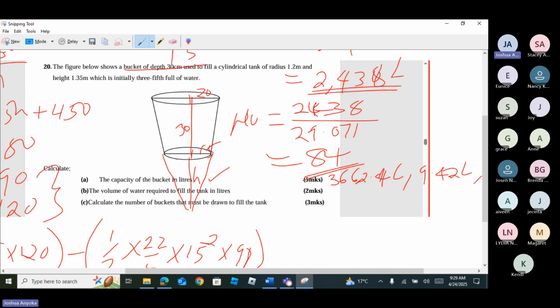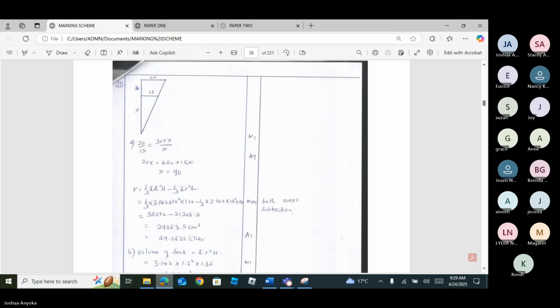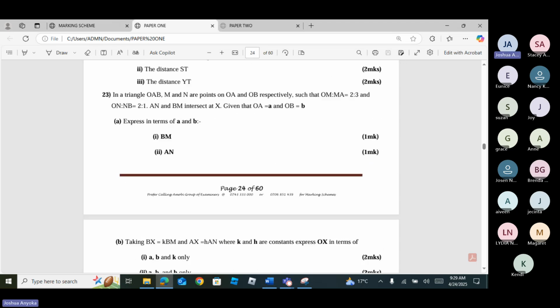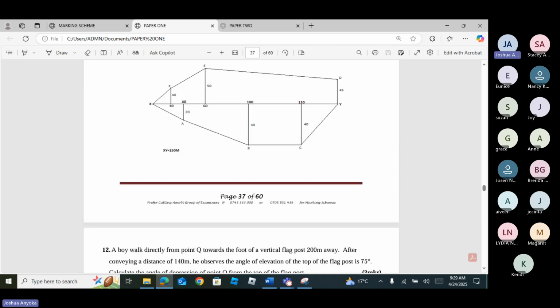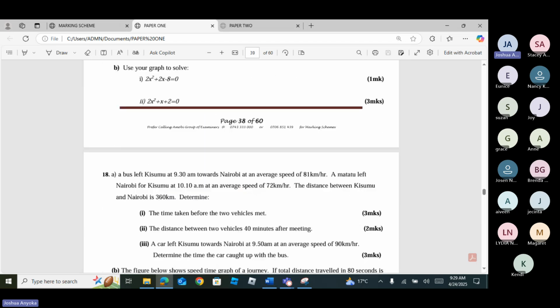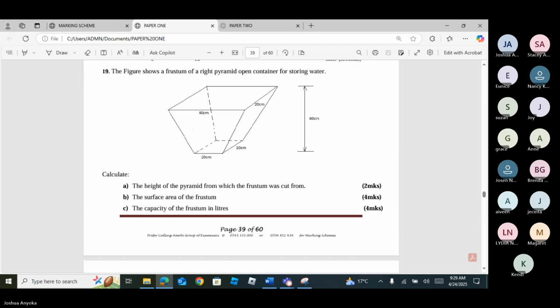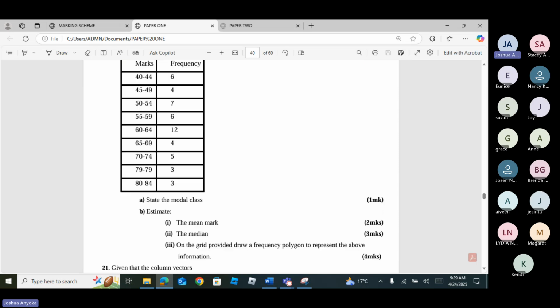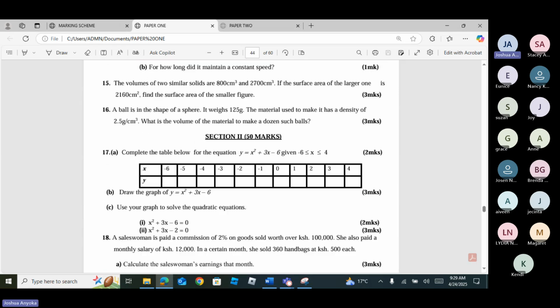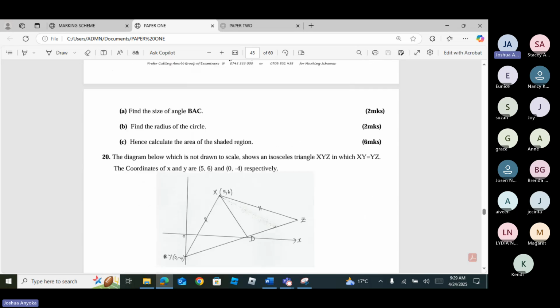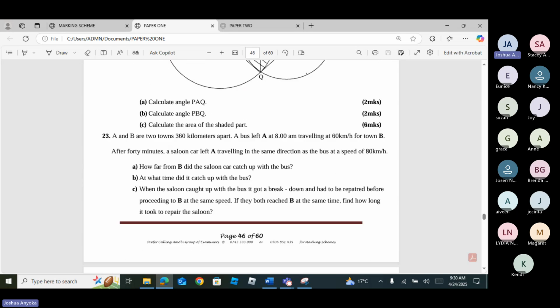This is the area that, let us now look for the one that has combined solid. I'm looking for specifically the question that has combined solid.